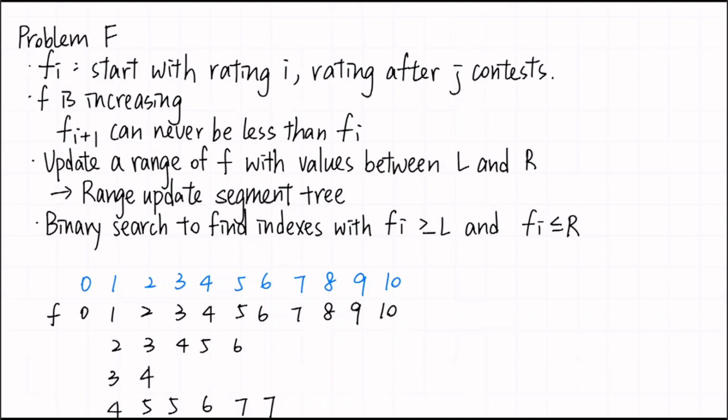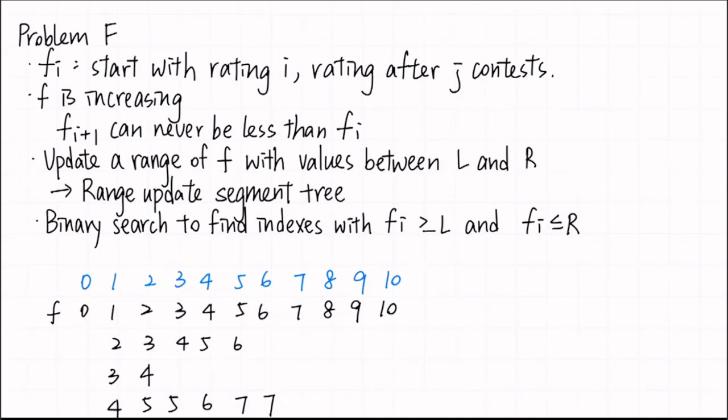And afterwards, if we have to update a value for 6, then these two 6s would move together, so they would increase by 1 together, which means that any f that is greater can never be less than the value for i. So f[i+1] can never be less than f[i].